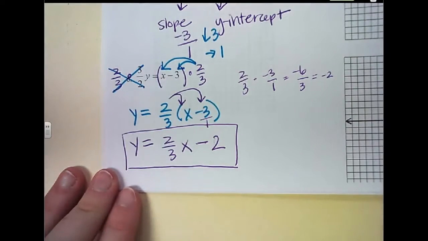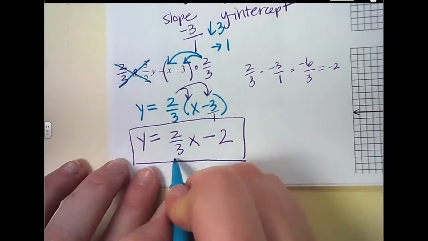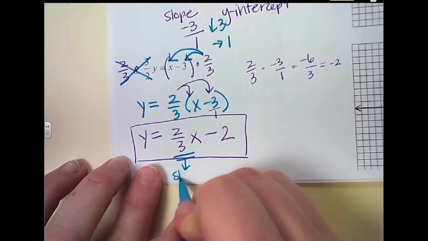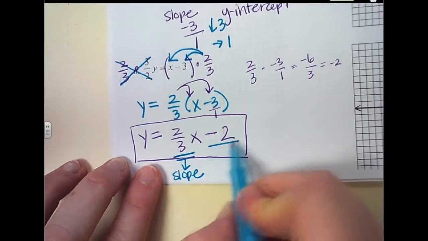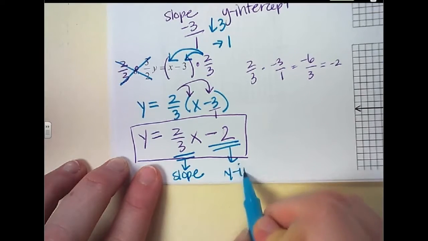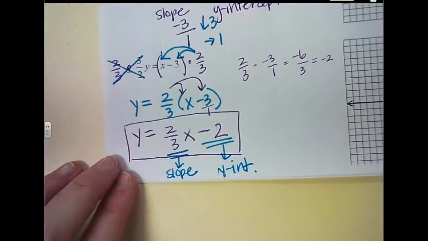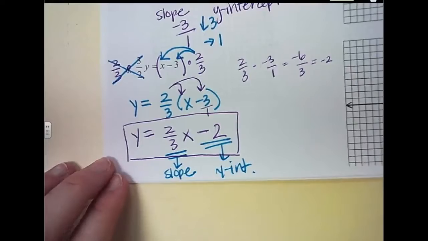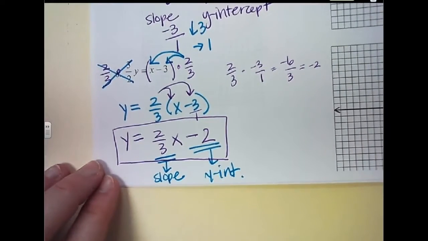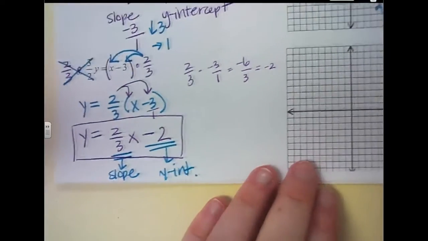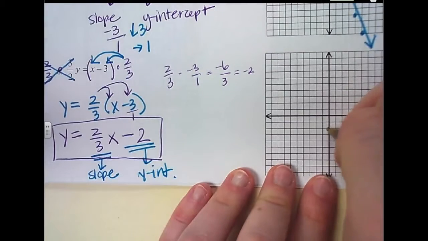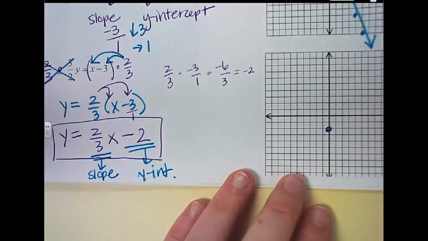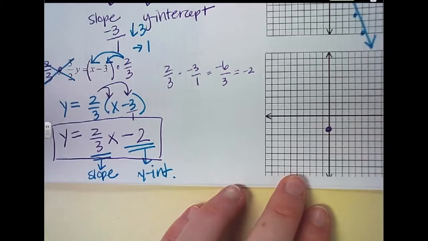So I want to see that. So this is our slope. And this is our y-intercept. So where do we start? -2 on the y-axis. And then from there, where are we going to go?